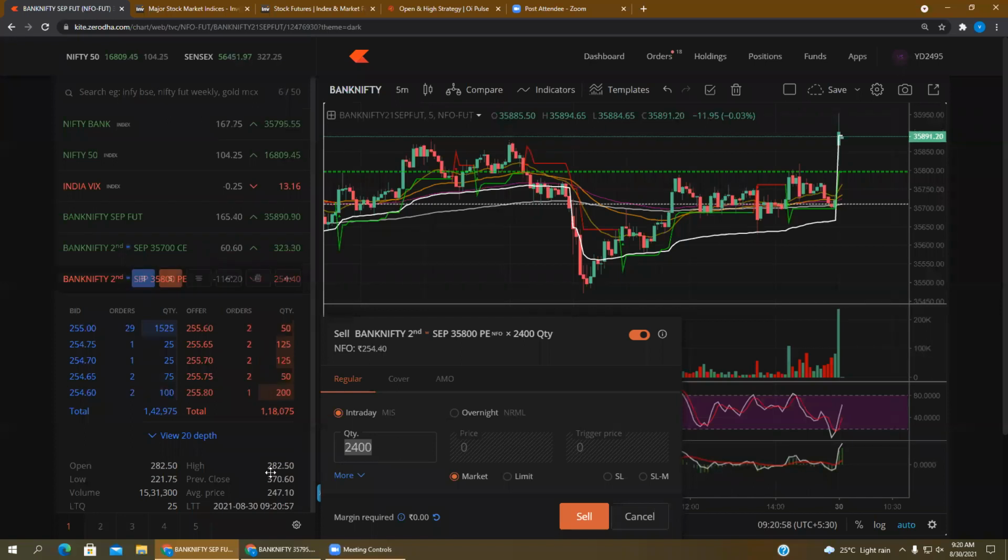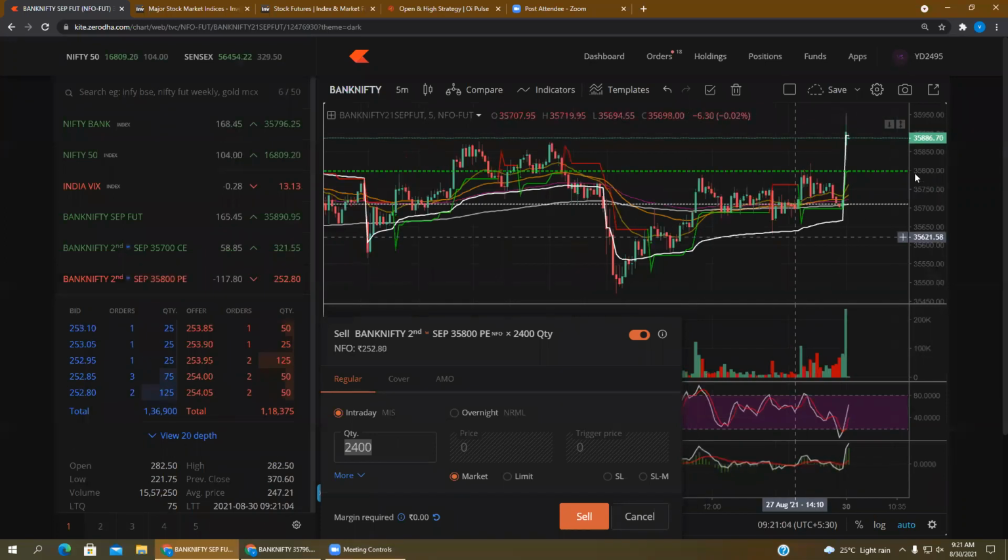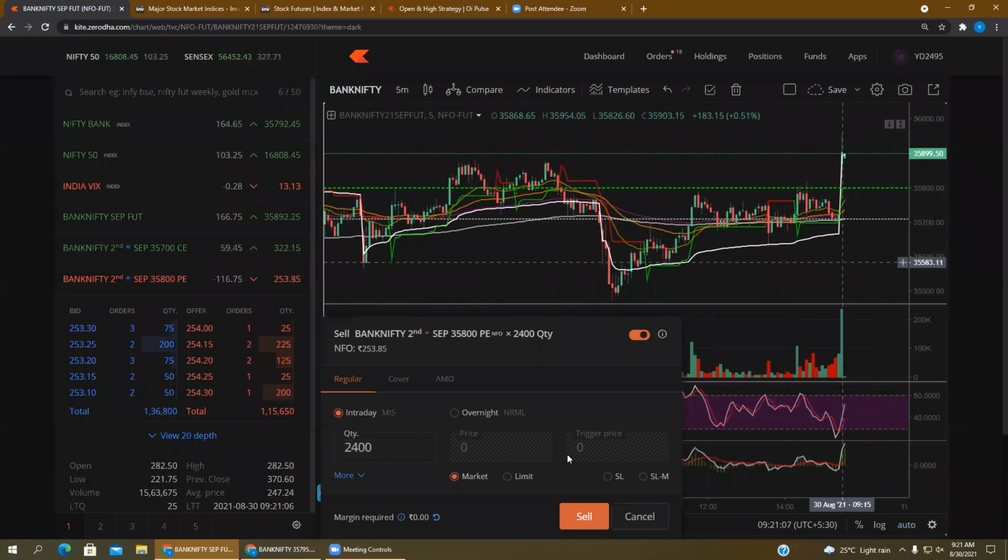Just looking for 282 on this. 235 is my stop loss on this one.